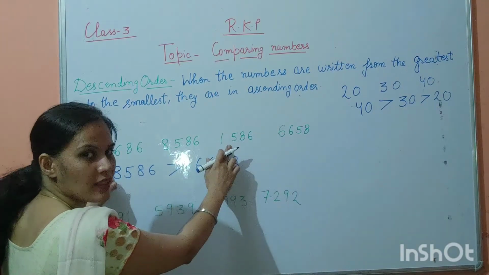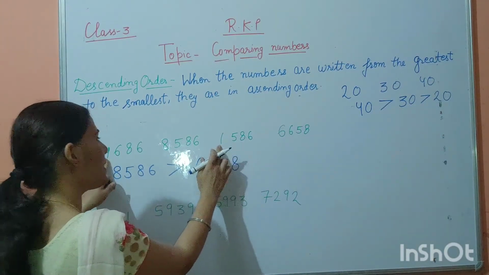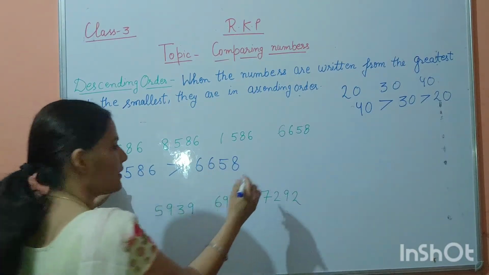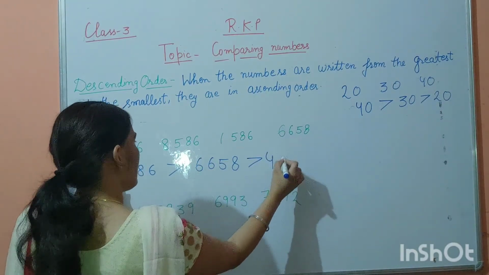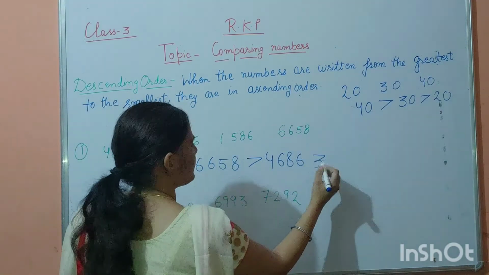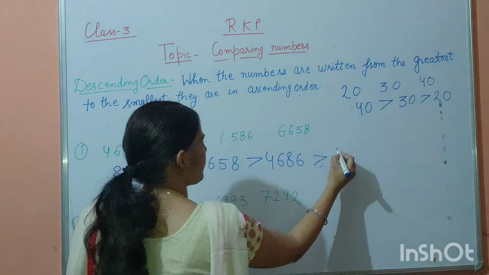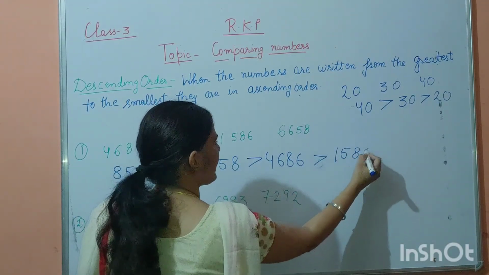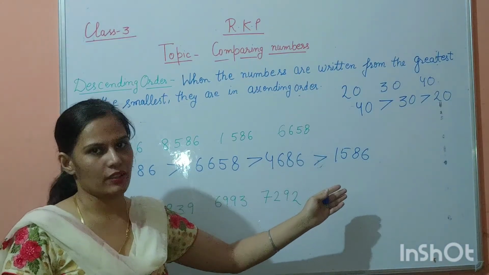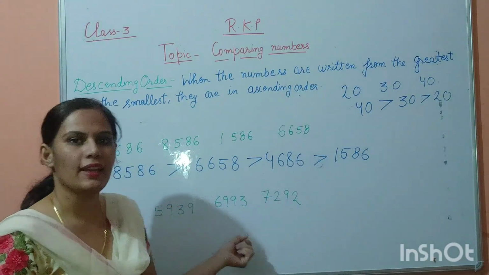Only 2 numbers are remaining. Compare again from the thousand place. 4 is greater, then 4686, and this will come to the last, 1586. So it will be the descending order. Do these questions by yourself.